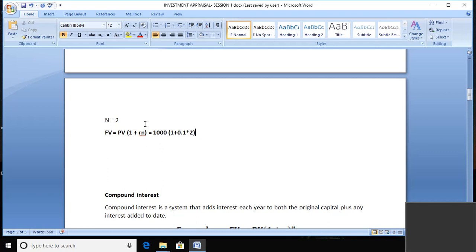So when you tap that into your calculator, you have 1,000 multiplied by 0.1 multiplied by 2, that is going to be 0.2 plus 1, that will be 1.2.